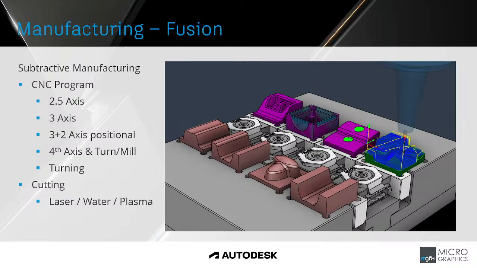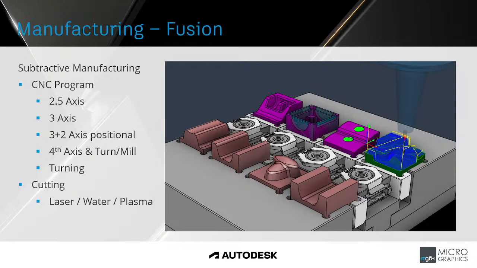So CNC programming, anywhere from 2.5 axis up to 3+2 positional machining, if you do have a 5-axis machine. If you want to do simultaneous machining, there is a manufacturing extension that then unlocks 4th and 5th axis simultaneous machining for Fusion as well.